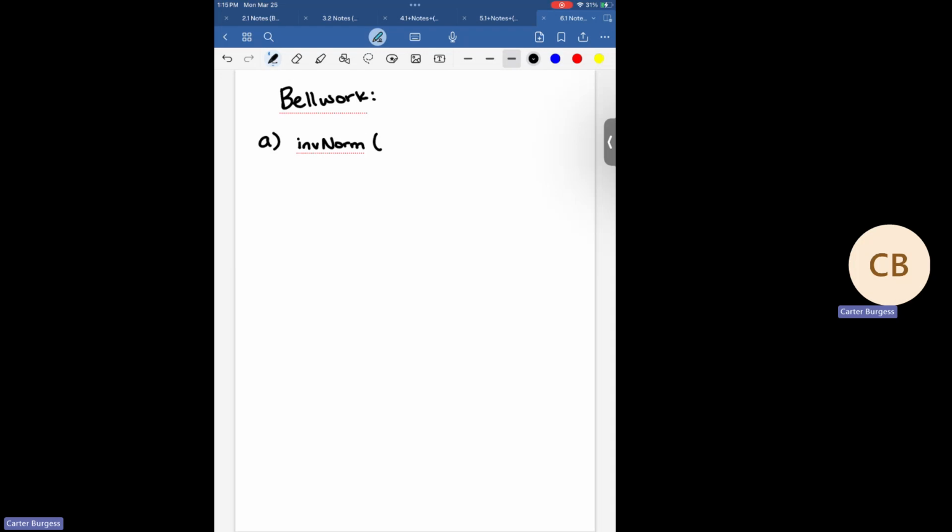If we're looking for 95% of the area, what should we use for area? 0.95. Very good. In this case, since we're looking for z-scores, what would we use for mu and for sigma? 0 and 1.